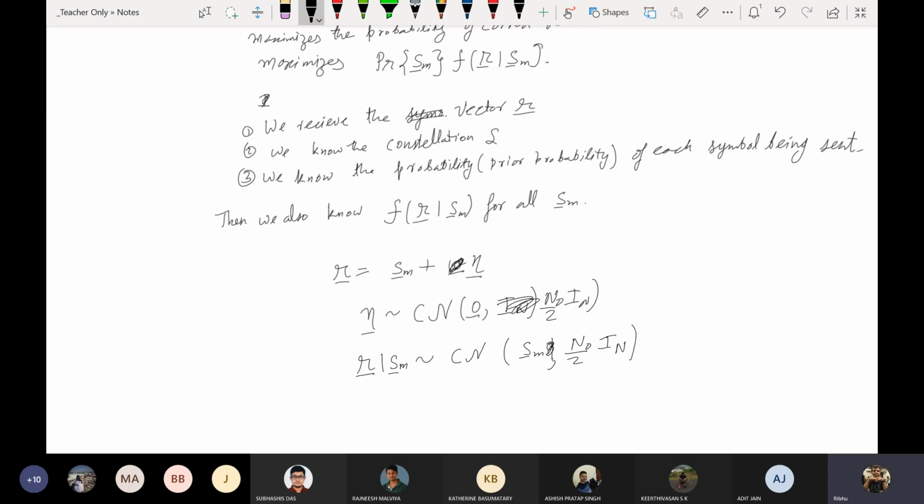So SM won't add any variance. No, SM is a deterministic quantity. Given that SM, you can find the PDF of R given SM for each SM.